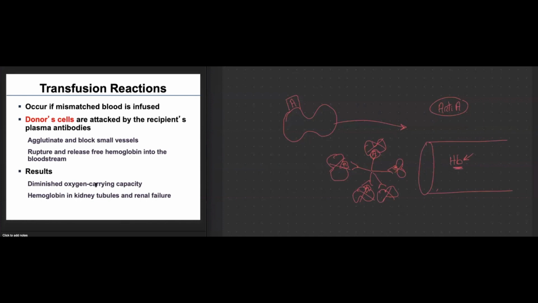But here, because of the major destruction of those red blood cells, the hemoglobin is going to be released out in the bloodstream, and this hemoglobin will be filtered out in the kidney tubules. And once filtered in the kidney tubules, this will cause the blockage of the kidney tubules, resulting in a major renal problem. Might end up with a renal failure.